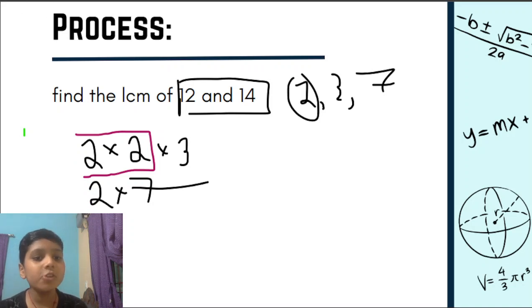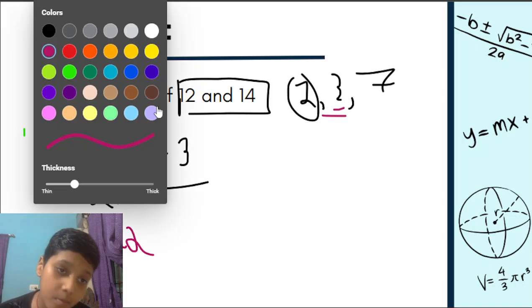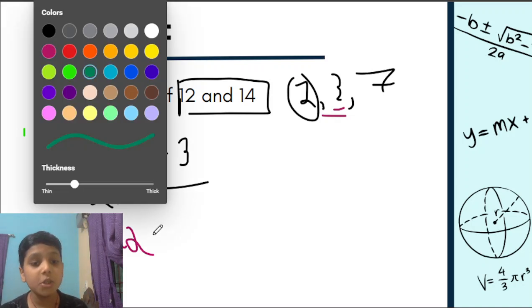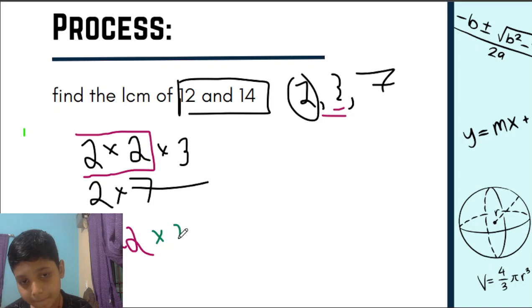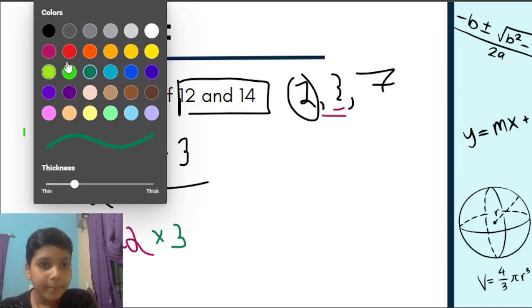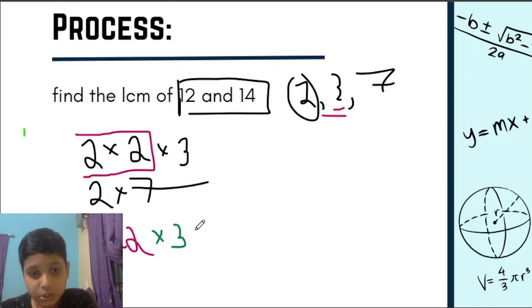So in that case we are going to write 2 into 2. Maximum occurrence of 2 was 2 times, so 2 into 2. Then the maximum occurrence of 3 was 1 time. What's the maximum occurrence of 7? As we know, it was only 1 time.